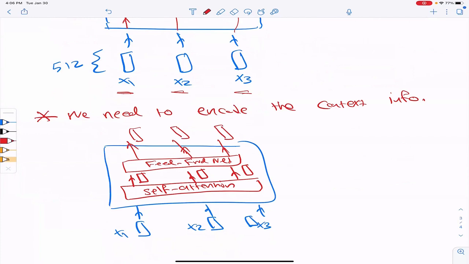So there is an intrinsically big difference between these 2 blocks, right? Even though I'm drawing them in the same way. The feed-forward, this one, is applied pointwise to each vector. There's no cross-talking between the tokens.